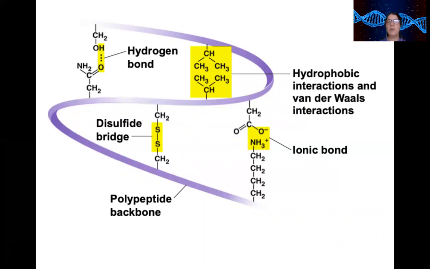Ionic bonds will be disrupted if we disrupt the balance between hydrogen ions and hydroxyl ions, if we change the pH. If you have too many hydrogen ions, they're going to interfere with these interactions. So, for instance, this carboxyl group may preferentially be attracted to a hydrogen ion rather than this NH3 group.